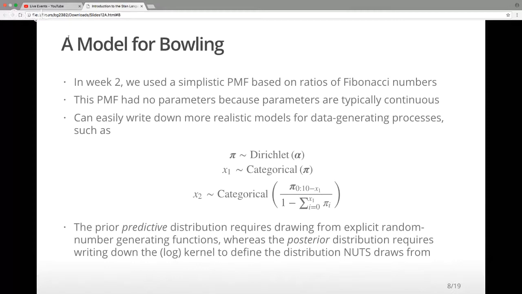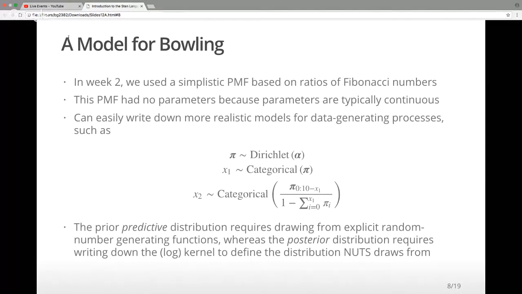But the probability of this or that thing happening on the second roll depends on what happens on the first roll. So if pi adds up to 1 and you knock down, let's say, 8 pins on the first roll, there's only 2 pins left standing. Consequently, there's only 3 things that could happen.